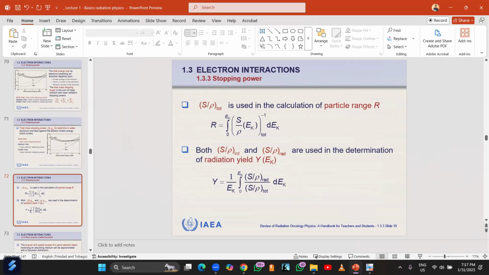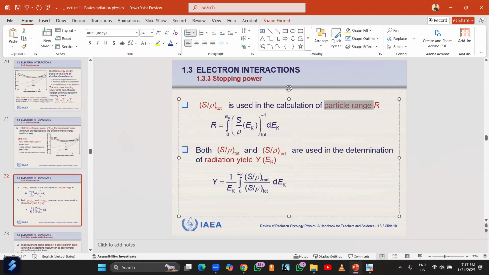Is it clear? Please let me know if that is not understandable, and I'll try to explain in different terms. Let me know in the chat if you got that part before we take a break. So now you have the distance per unit energy, and if you integrate for all energies, you get the total particle range R.